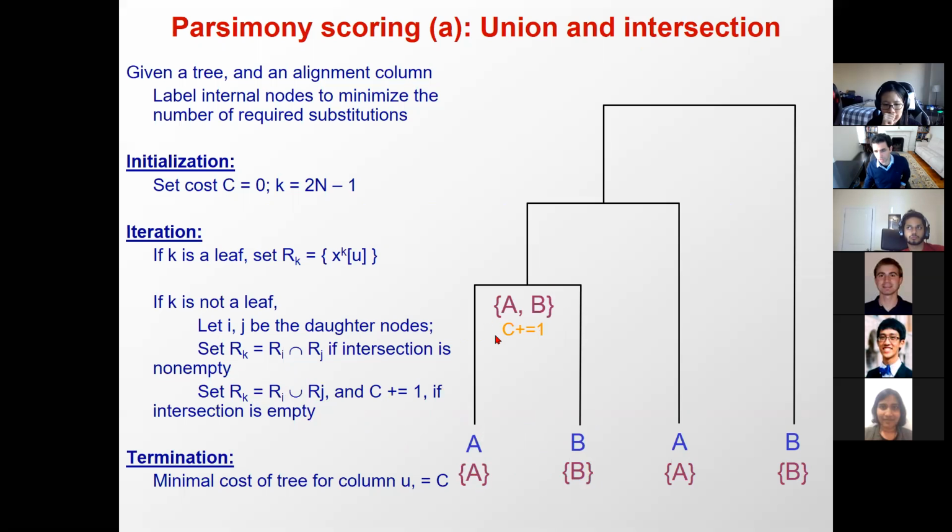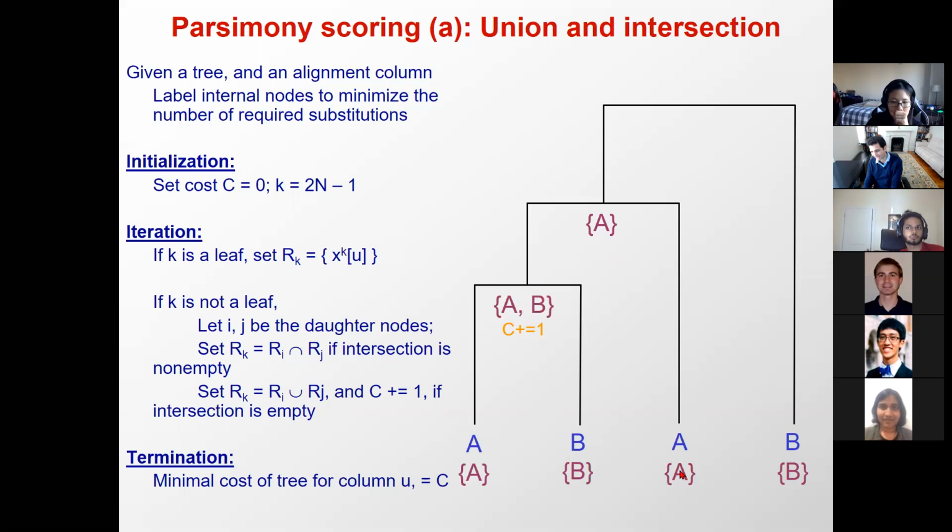So that means this node is either an A or a B. And in either case, the cost is going to be 1, because if it's a B, I'm going to have to pay a cost of 1 substitution towards the A. Or if it's an A here, I'm going to have to pay a cost of 1 substitution towards B. And then I go up the tree, and I see that here I know it's either A or B, and they both give me a cost of 1.